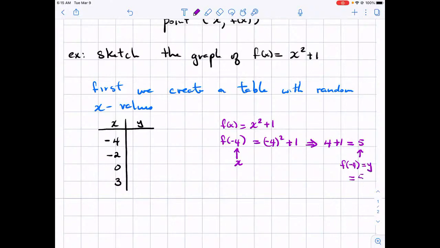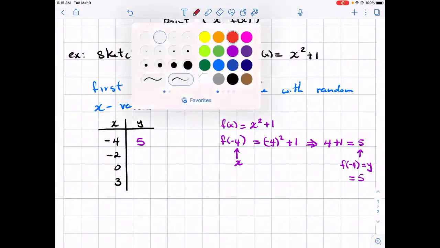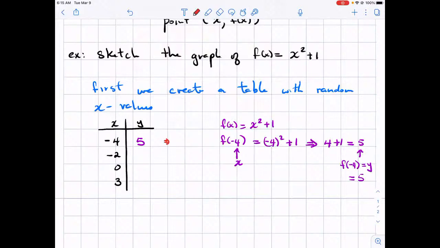And that is equal to 5. So this point here is the point x comma f of x, where the x is negative 4 and the y value is 5.